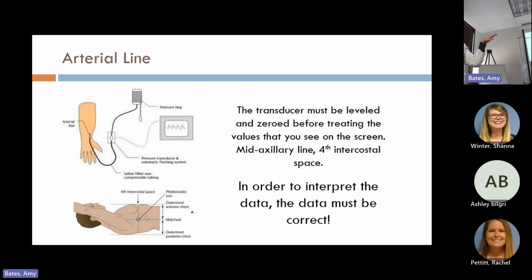The thing about doing any sort of monitoring with transducer tubing is that it has to be correct. You have to be leveled in order for the data to be correct. So you're leveling to the phlebostatic axis, which is the mid-axillary line, fourth intercostal space. When they're lying down and your transducer is right, then your number is right. But then you sit them up to eat and you haven't done anything with the transducer, so your numbers are not correct.